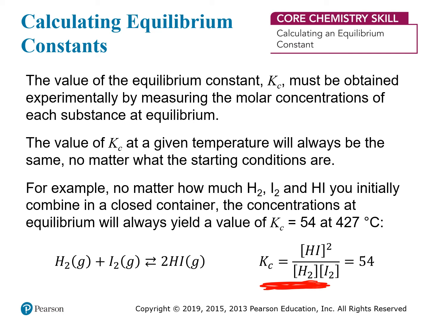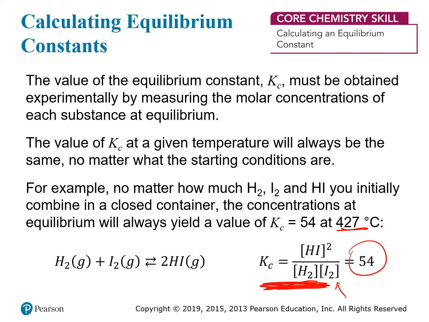We measure how much hydrogen is left, how much iodine is left, and how much hydrogen iodide has been created. Once you have those concentrations, you put them into this equation for Kc, and you calculate your answer. Okay? In this case, if we run the experiment at 427 degrees Celsius, we get a K value of 54.